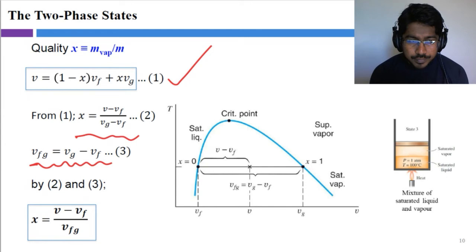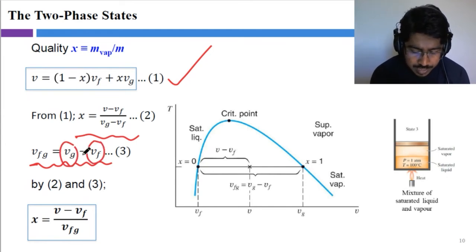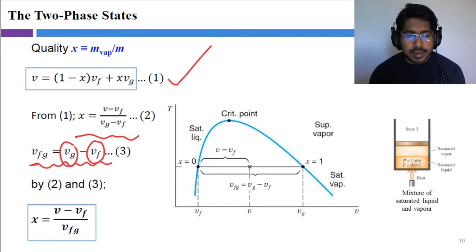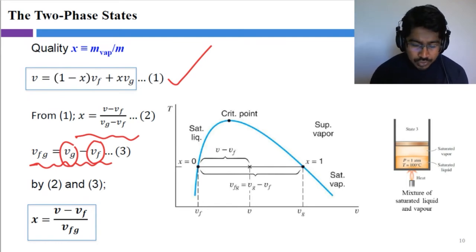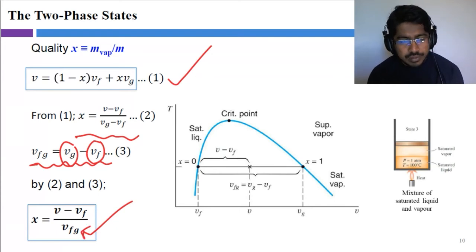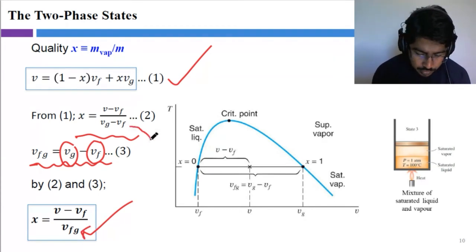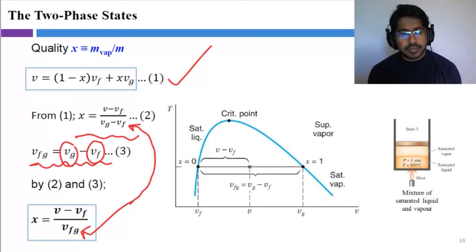If you do not use vfg, you will have vg and vf and subtract them to find this number. If we directly get vfg from the table, then you can straight away plug in vfg instead. You will get the same answer, but you will save a bit of time.